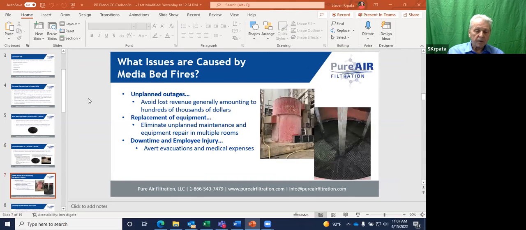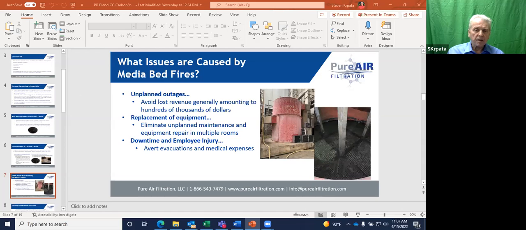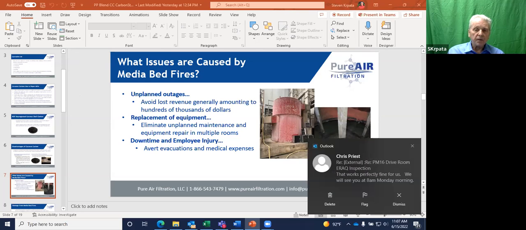We have some photos of some media beds that have actually caught fire, so you can see the effect of some of the damages. And in a paper mill or pulp mill, fire is one of those things that you just don't want, especially if it's near a particularly hazardous process like a PSM process, where that could be disastrous.